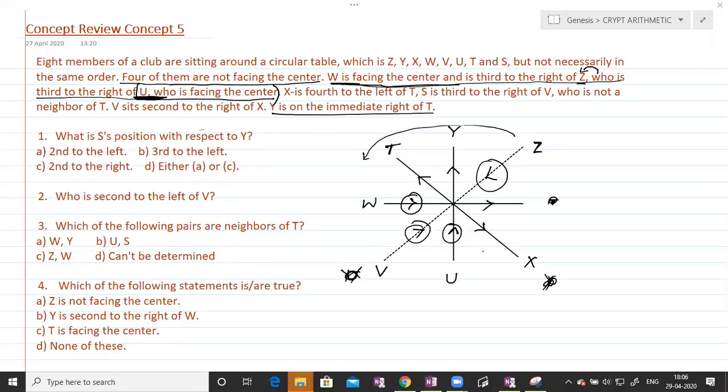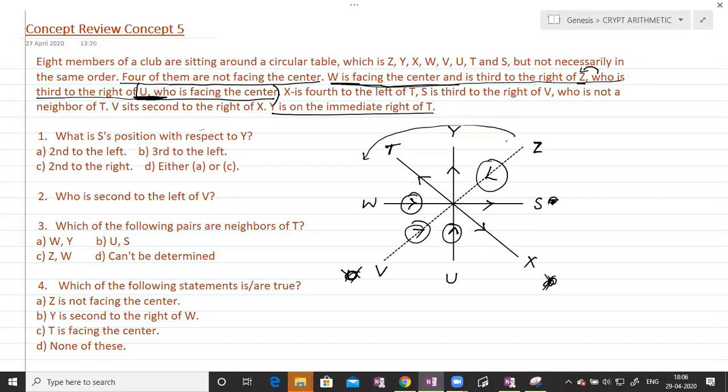So just check it one by one. This is all the information we have been given, and we have worked it out. What is S position with respect to Y? The S position with respect to Y. So we have to count from the Y. Where is S? S must be here, only left here.